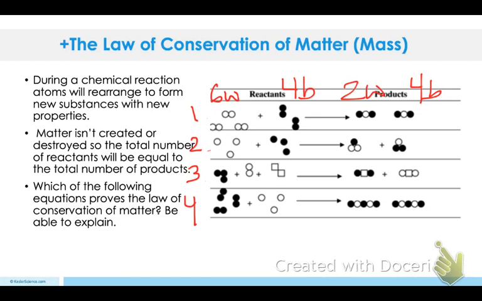So the first one would not work because there's 6 white as the reactants and 2 whites as the products. So immediately that can get crossed out.